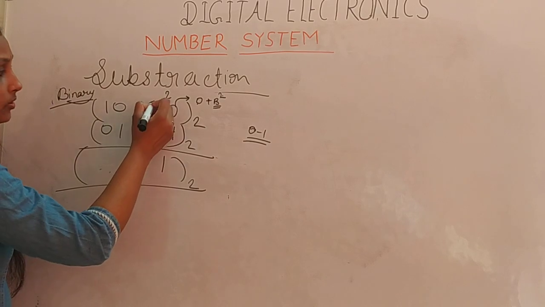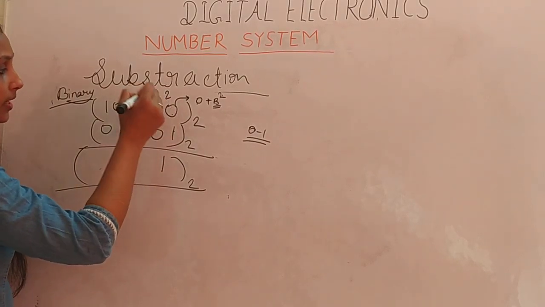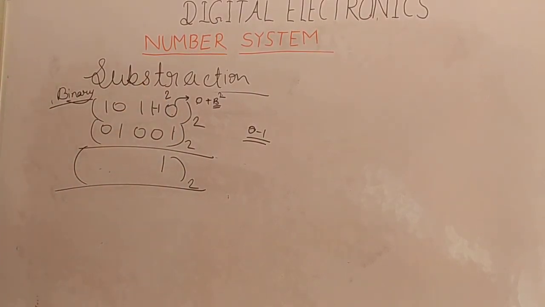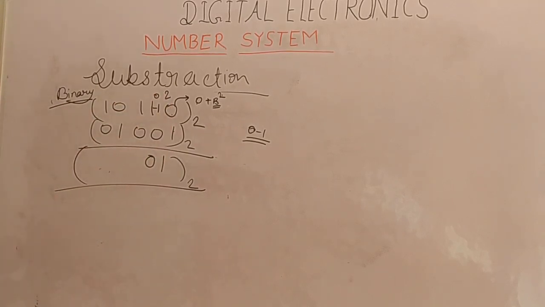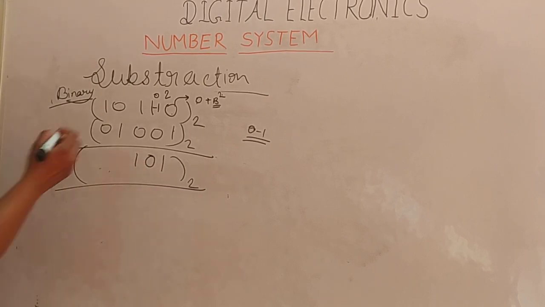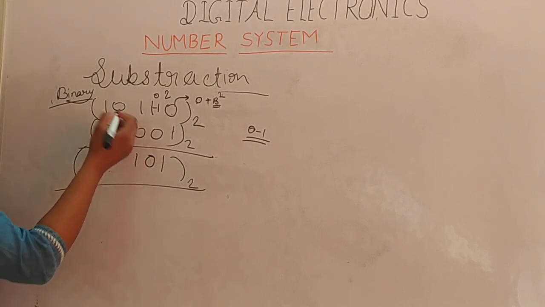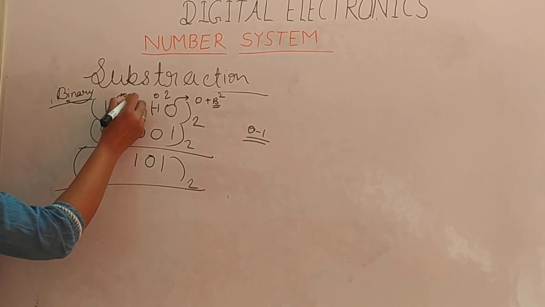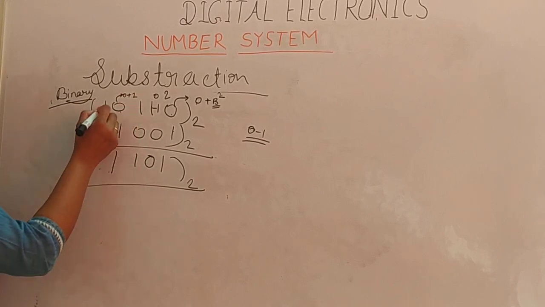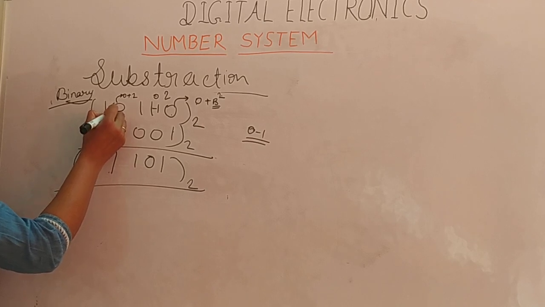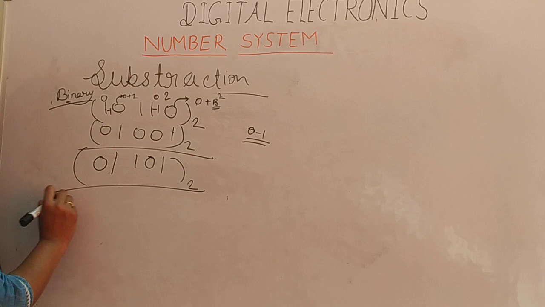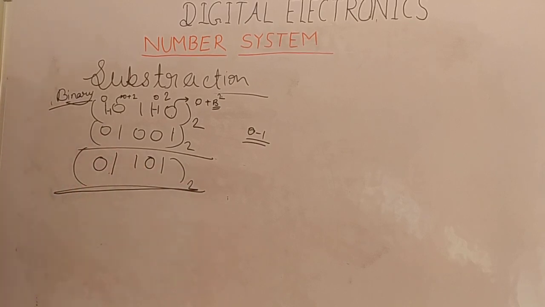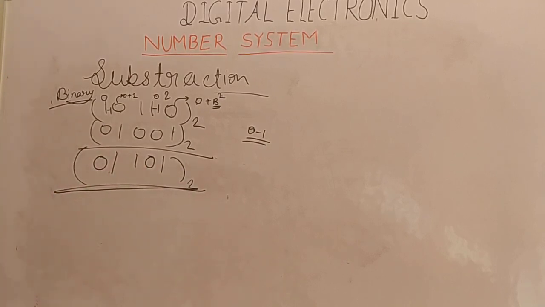And since we have assumed that, we have to subtract 1 borrow from the next number. So 1 minus 1 will be 0 and 0 minus 0 will be 0. Then 1 minus 0 will be 1 and then 0 minus 1. Again we have to assume 0 plus 2, so 2 minus 1 will be 1, and then we have to subtract 1 borrow from the next number. So it will be 0. 0 minus 0 will be 0. This is the answer of this subtraction in the binary number system.